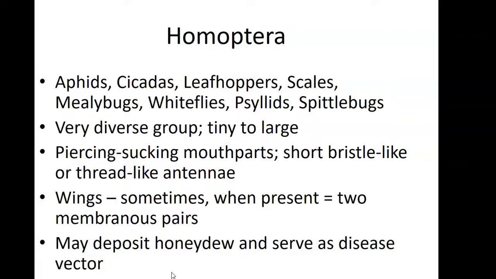Whoops. So I don't know why I don't have the aphids on here. Hang on a second and I'll find us a picture of aphids. And I'm getting there. Hang on.